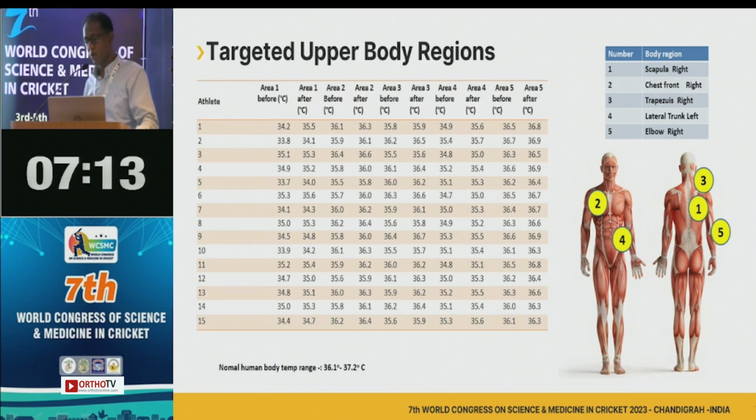These are some of the regions of the body where infrared thermal capturing was taken and tabulated. You can see none of these values exceeded the normal human body temperature range. If it goes beyond 37.2, it is not under inflammatory conditions or normal thermal imaging, and it is considered a hypothermic condition.